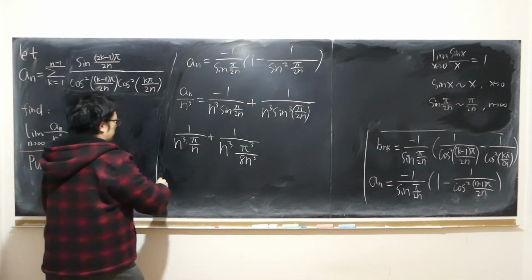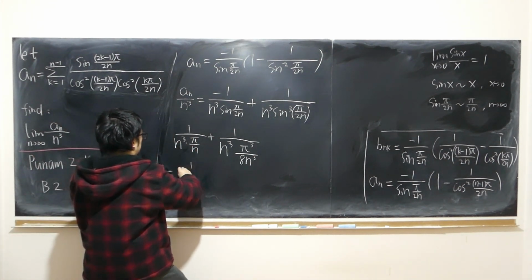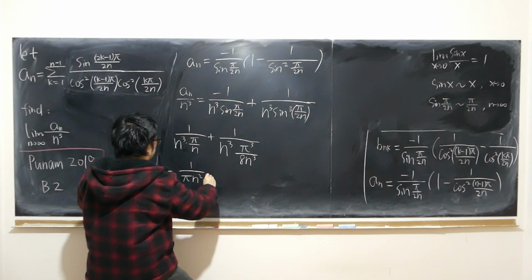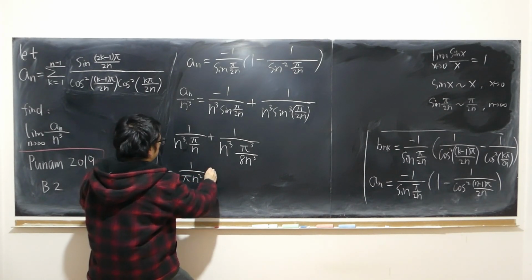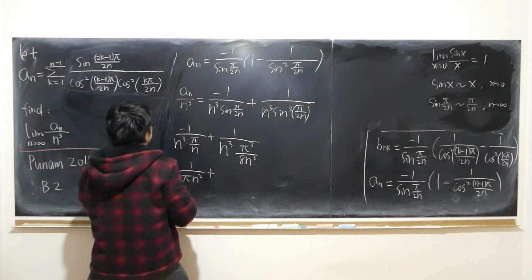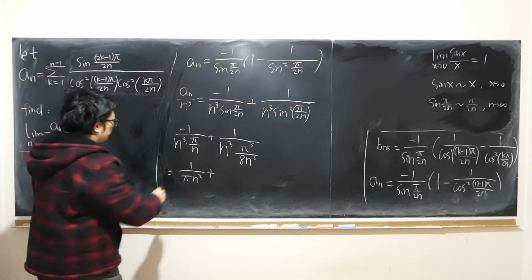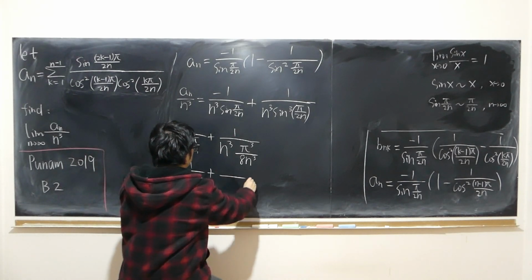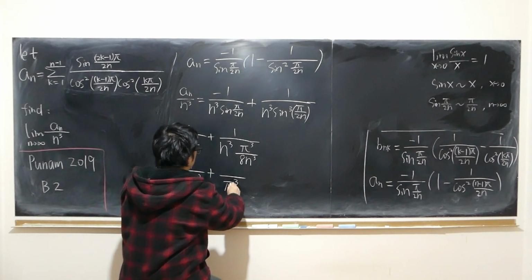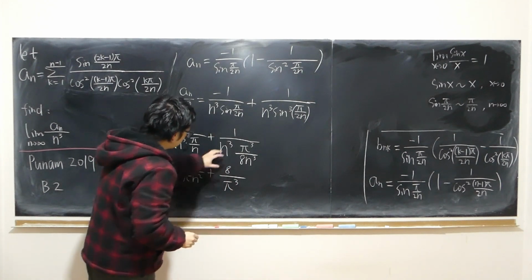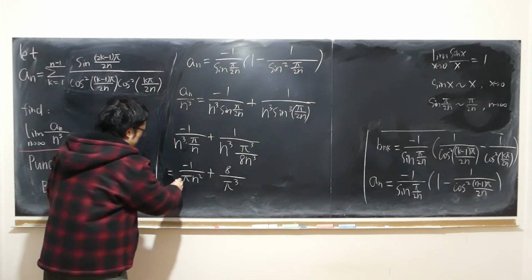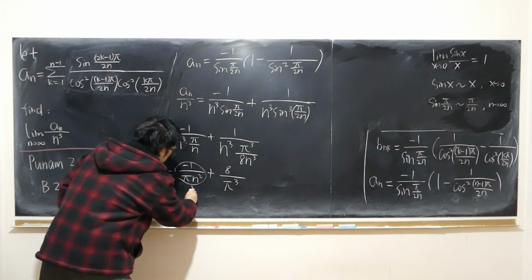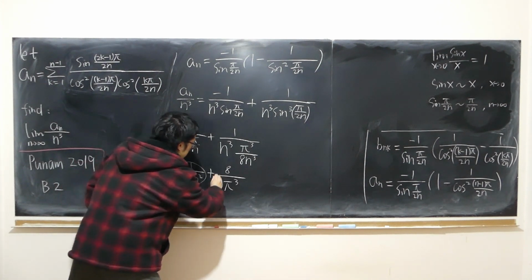So immediately pi over n squared plus, it doesn't matter. So in the end, this term approaches 0. So this term, of course, pi cubed over 8, right? n cubed gone. So in the end, we approach just this term.